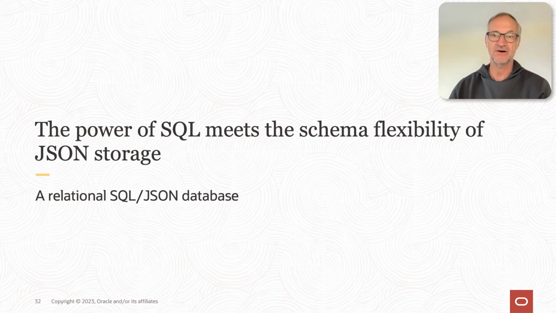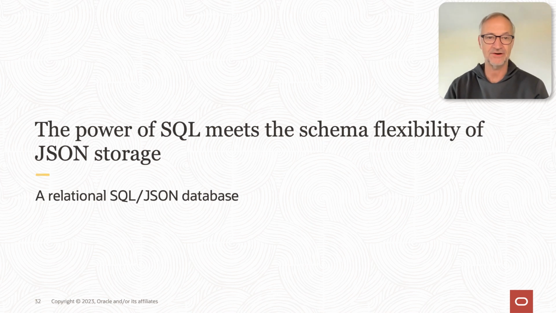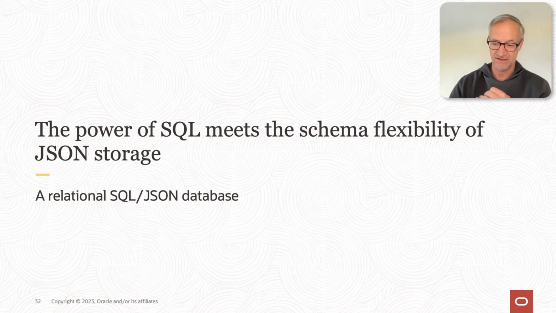Okay, so it wouldn't be a converged database if we weren't talking about SQL, the core foundation of the Oracle database, right? With the document store API and storing things as a relational table underneath with the optimized format, we're still preserving what the Oracle database is really good at. And this is where the power of SQL meets the schema flexibility of the JSON storage.